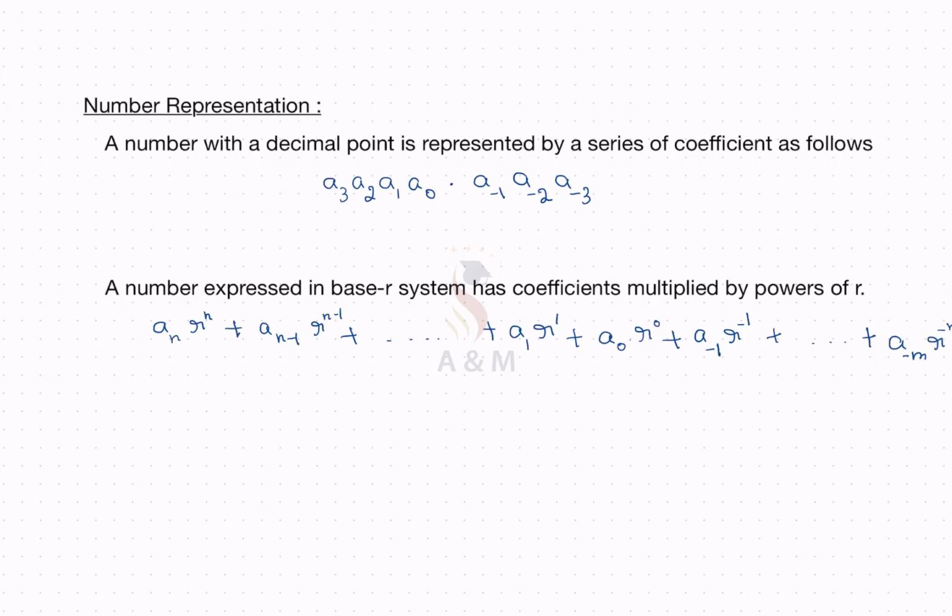Here, an represents the coefficients, r represents base, and the power represents the position of the digits.